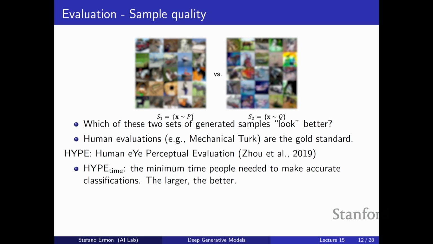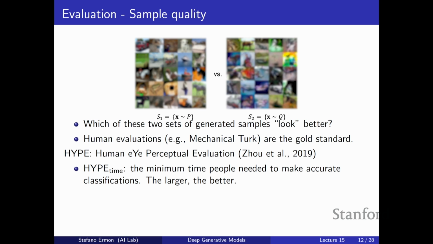There is very interesting work in the HCI community where people have explored principled ways of getting feedback from humans and getting them to compare the quality of different types of samples or different kinds of generative models.